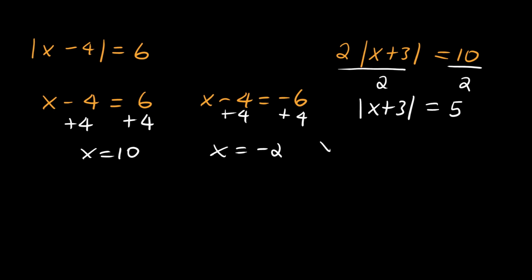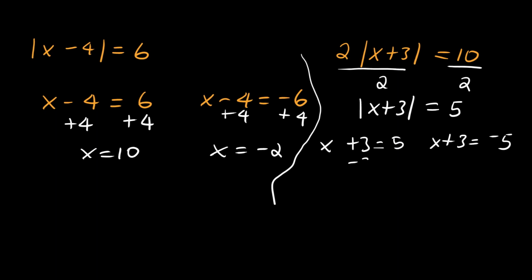Now we can find the answers. X plus 3 equals 5, and x plus 3 equals negative 5. Now let's subtract 3. X is equal to 2 from the first, and subtracting 3 from the other, x is equal to negative 8.